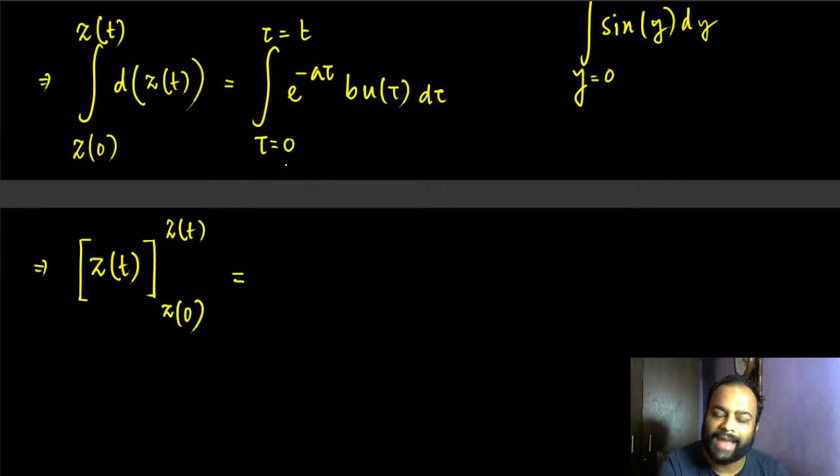Now what about the right hand side? The problem we are facing right now is that we don't know the right hand side, because how to do this integration is unknowable until we know the value of the input.